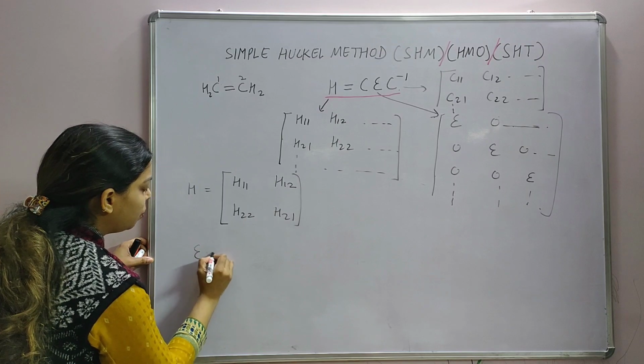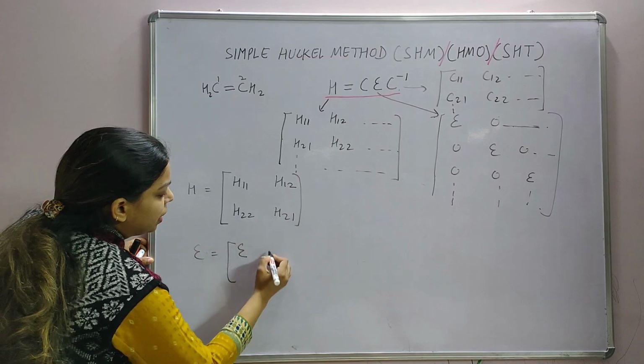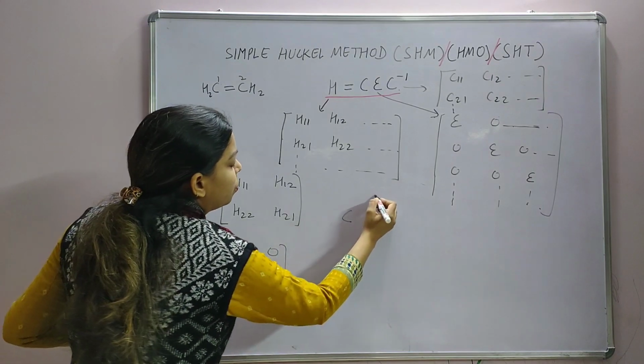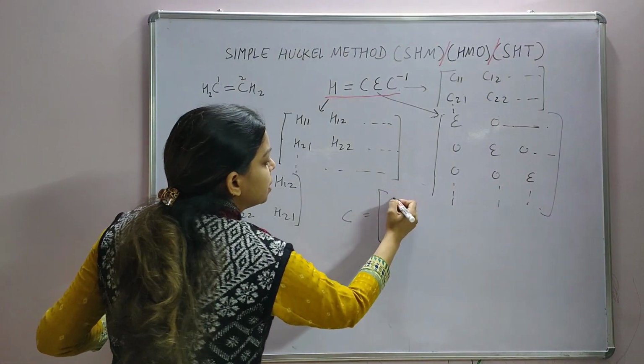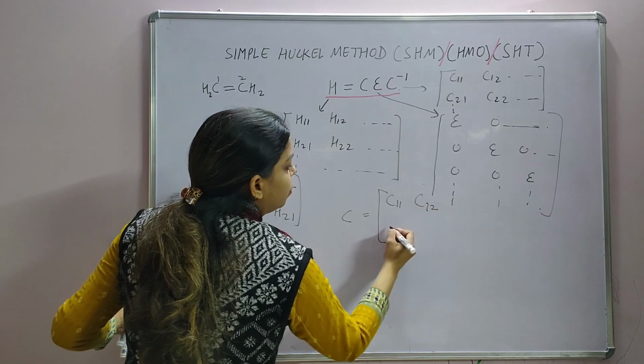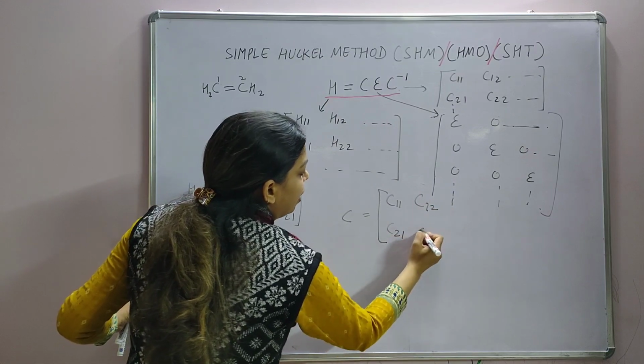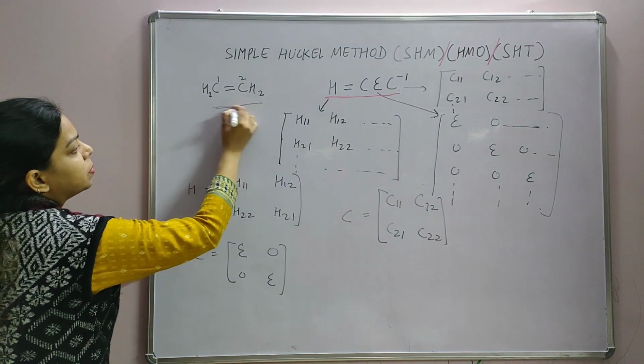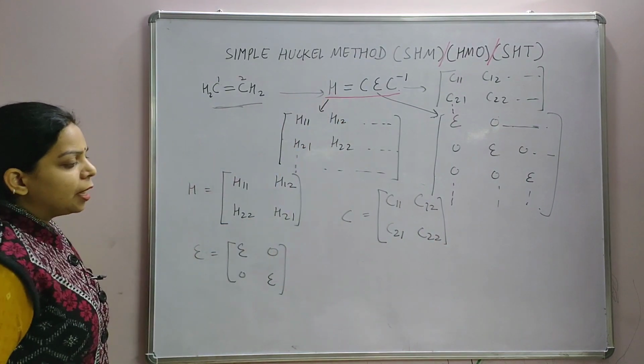Similarly, for the energy we will have E, 0, 0 and E. For C also, we will have different coefficients, C11, C12, C21 and C22.